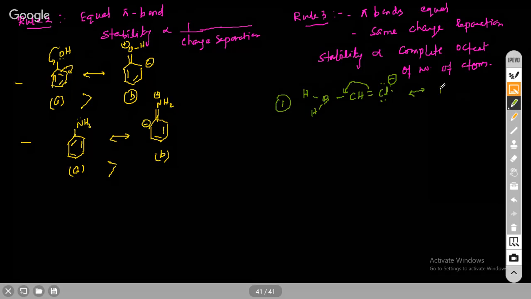And that will be BH2 negative, double bond CH, single bond Cl with 3 lone pairs on it.